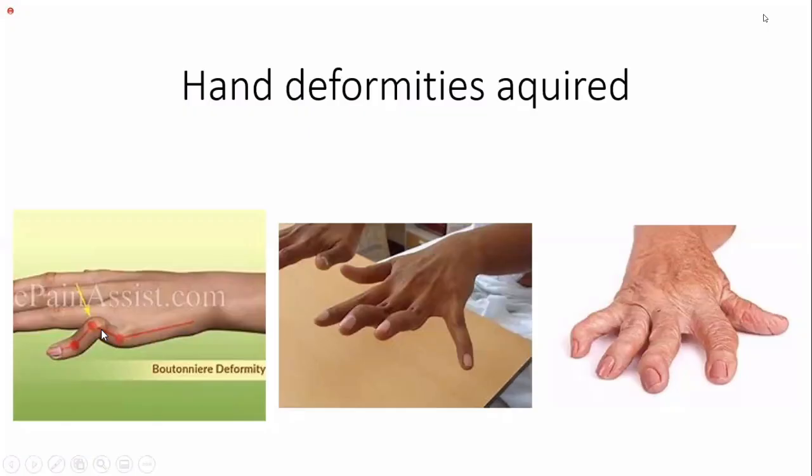The proximal is flexed, proximal is extended, distal is flexed, distal is extended. So boutonniere abnormality and swan neck abnormality are directly opposite of each other, but both are seen in rheumatoid arthritis.